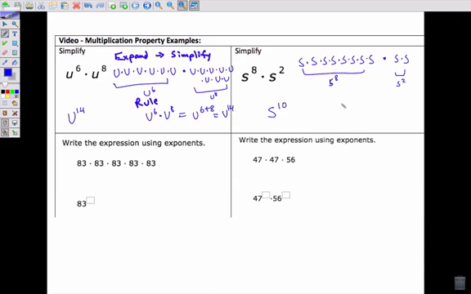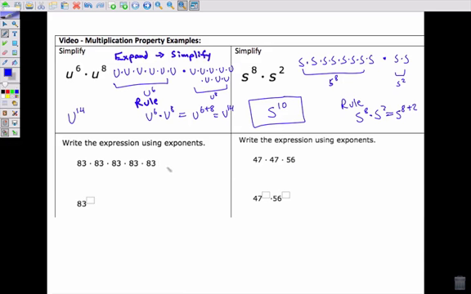Or if I use the rule, that's s to the 8th times s squared equals s to the 8 plus 2, which would again give me s to the 10th. Okay?